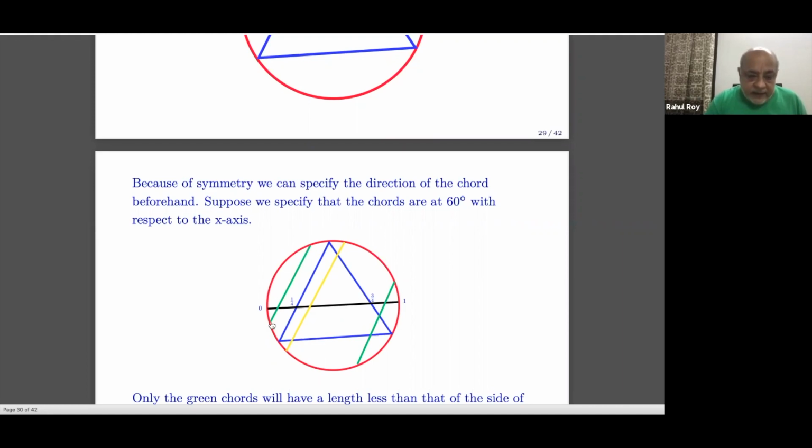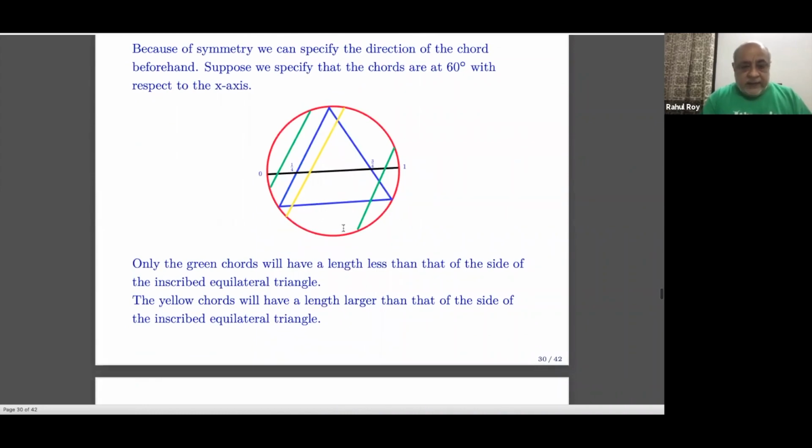Whereas this green line, which intersects the x-axis to the left of 1/4, or this green line, which intersects to the right of 3/4, will have lengths shorter than the length of the equilateral triangle.